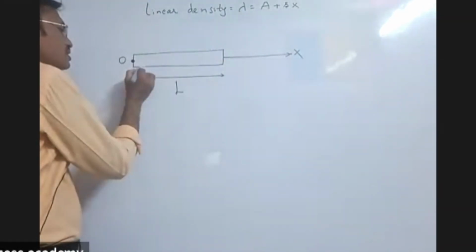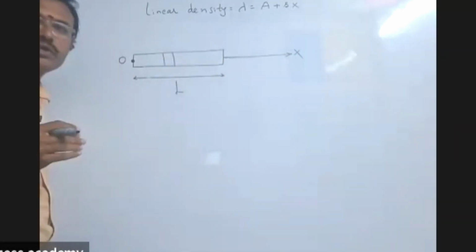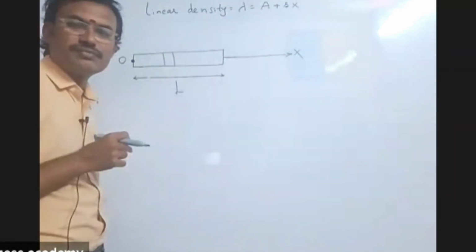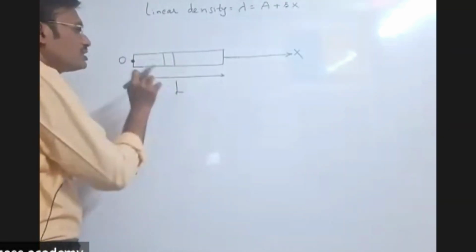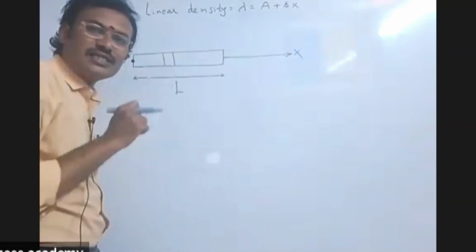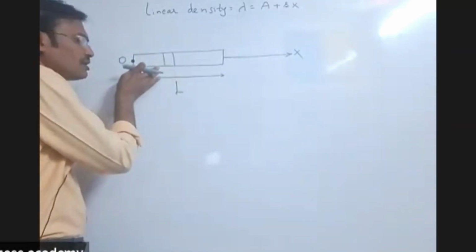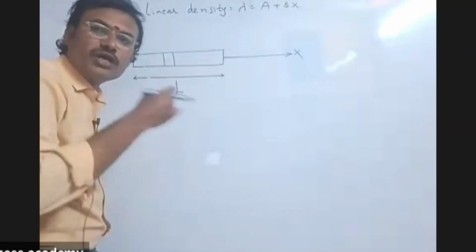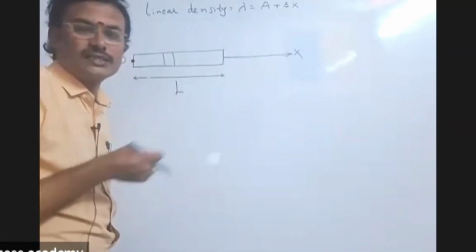Now, from the origin, I consider a small portion. What is the length of this portion? This is varying with x. X is the length. From the origin, if you go on increasing the distance, the rod length also increases. If the rod length increases, the mass also increases.